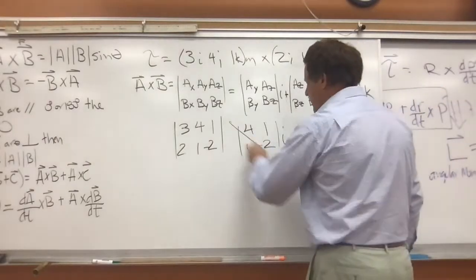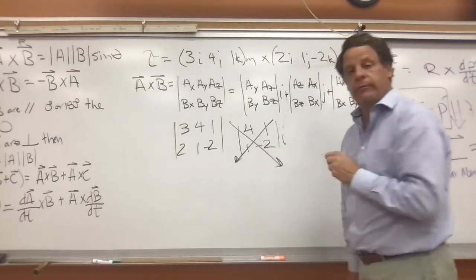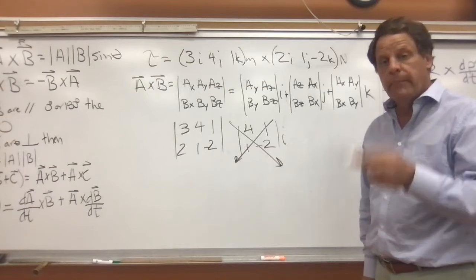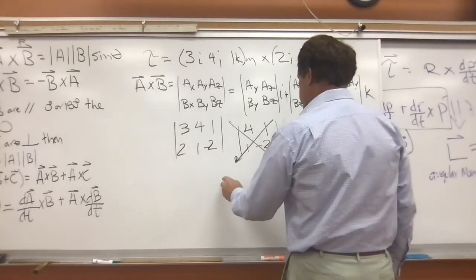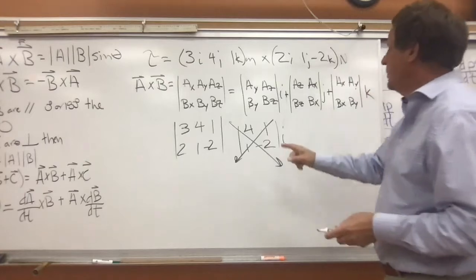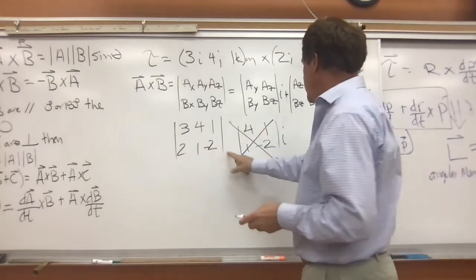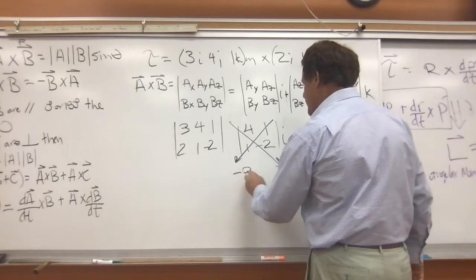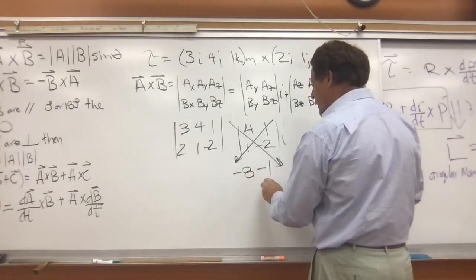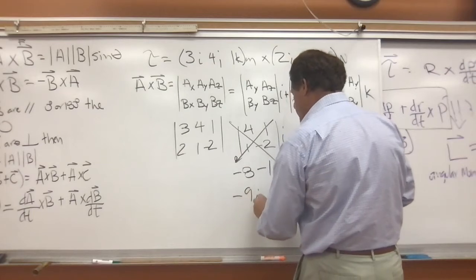So we're going to say 4 times negative 2 minus 1 times 1. So that's going to be negative 8 minus a positive 1, which would give us negative 9i.